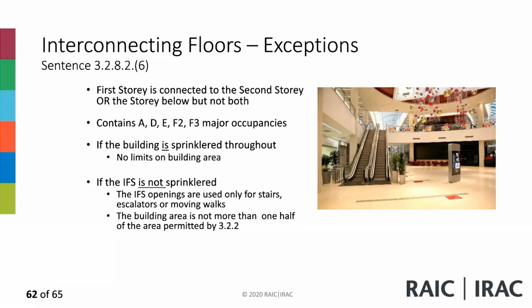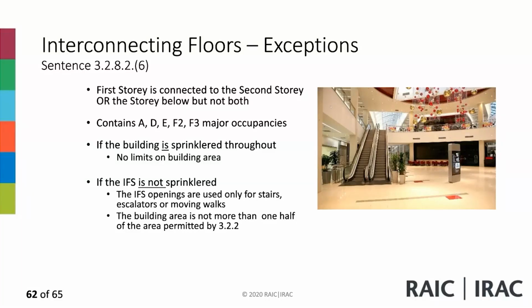In 3.2.8.2, we have an exception to special protection in Sentence 6. In Sentence 6, we have that an interconnected floor space need not conform to the requirements of Articles 3.2.8.3 to 3.2.8.8.